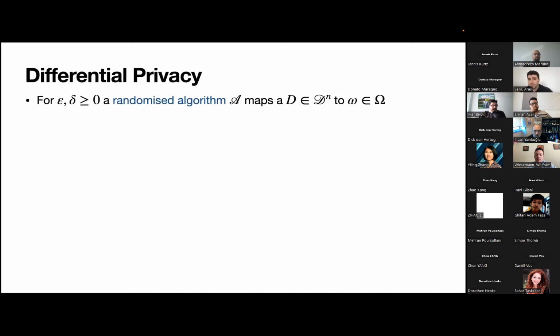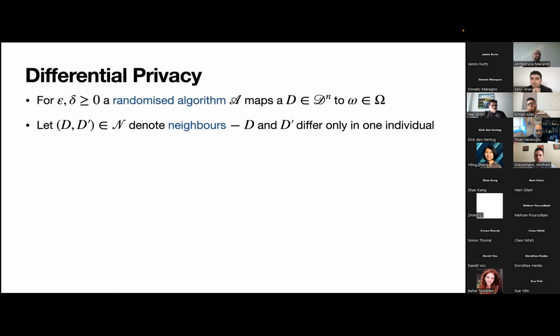Now, I would like to discuss differential privacy. So in differential privacy, we have some randomized algorithms. Here I denote that with A. And it maps a database, D, which is an n-dimensional collection, to some random outputs. And there are some privacy parameters, epsilon and delta. I will discuss how they are used a bit later. But let's also define what neighboring databases mean.